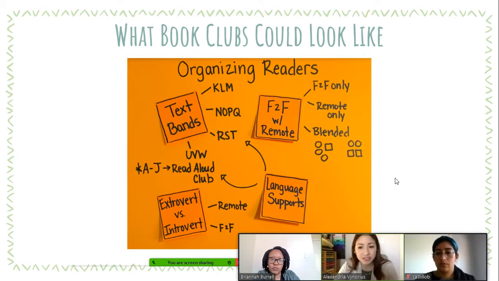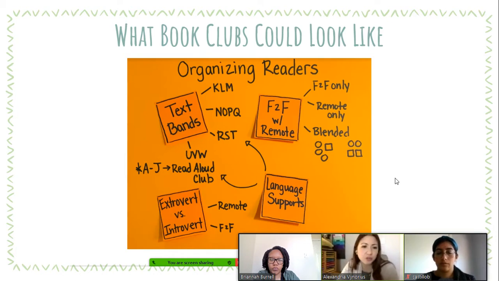You might also decide to organize your groups in either a face-to-face only, or maybe in a remote group only, based on the numbers and how your classroom is set up. Some classrooms might decide to use a blended format. In a blended format, students typically would meet remotely, even if they're in the classroom. So you might consider how much you want to group your students if you're using the blended model.